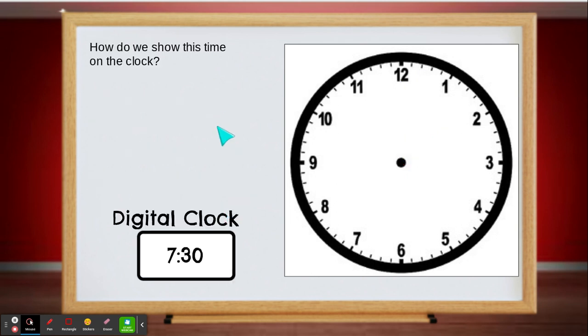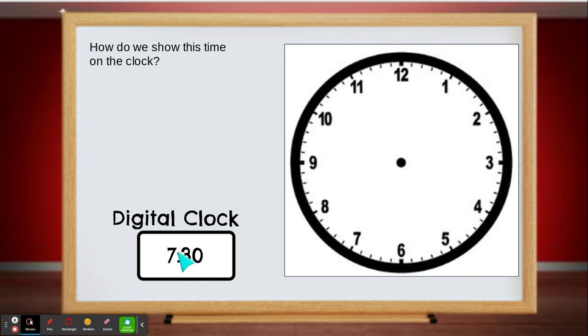All right, now we're going to switch it up. How do we show this digital clock time in this analog clock? Let's see, it's 7:30. I know that 30 is my minutes, and 30 is represented by this number 6.